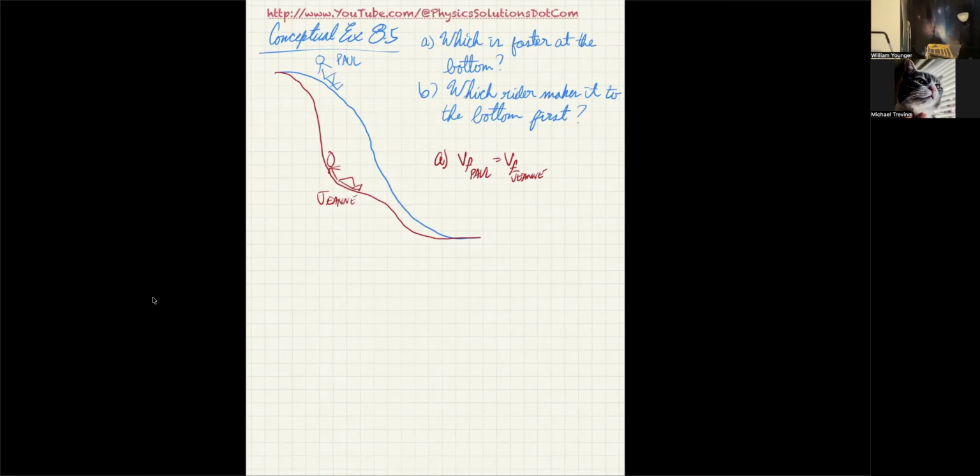The reason is that U initial plus K initial is equal to U final plus K final, using my version. The two riders start from rest, so the initial kinetic energy is 0, and at the bottom the potential energy is 0.